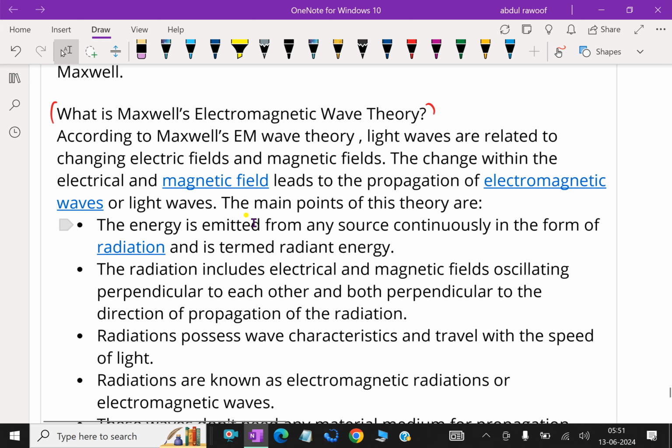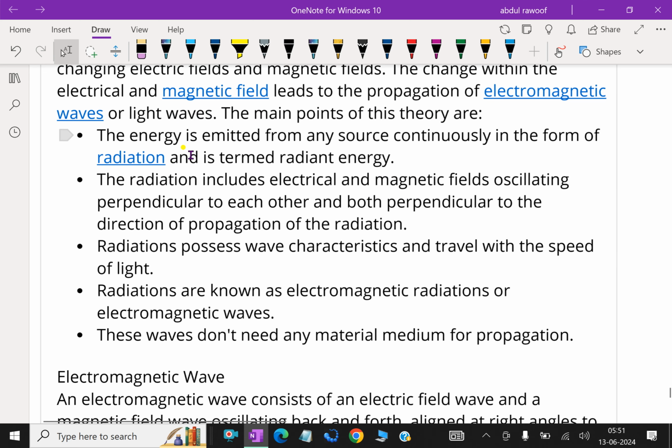The main points of this theory are: the energy is emitted from any source continuously in the form of radiation and is termed radiant energy. Next, the radiation includes electric and magnetic fields oscillating perpendicular to each other and both perpendicular to the direction of propagation of the radiation.